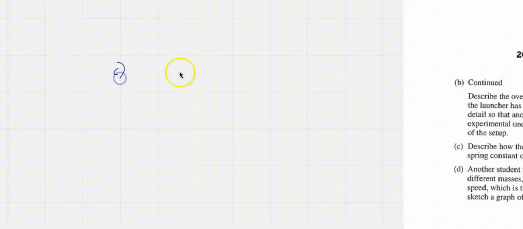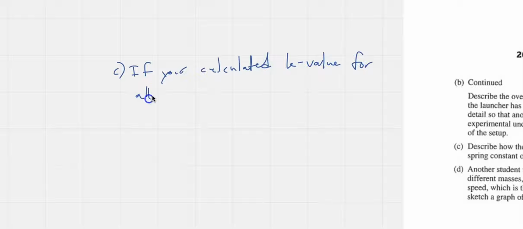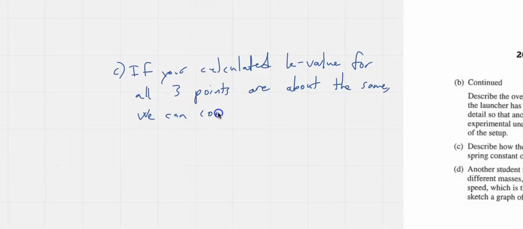So for part C, if your calculated K value for all 3 points are about the same, we can confirm the hypothesis. And if not, we will disconfirm.